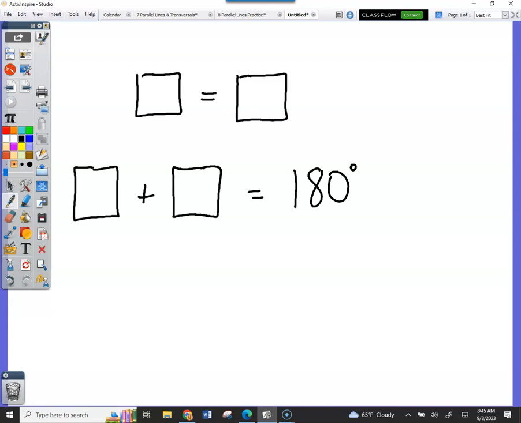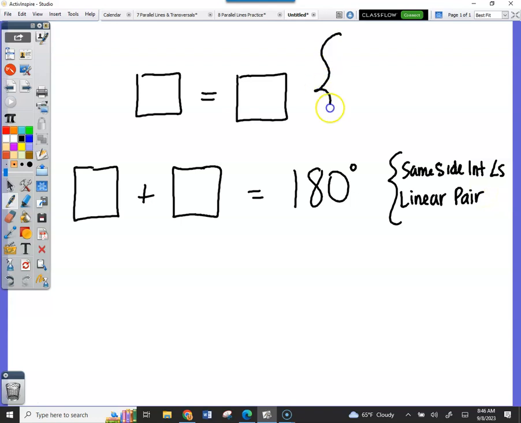Now, you should remember that the majority of the scenarios are set them equal. The only ones that add to equal 180 are the same side interior angles or the linear pair. Those are the only two that add to equal 180.